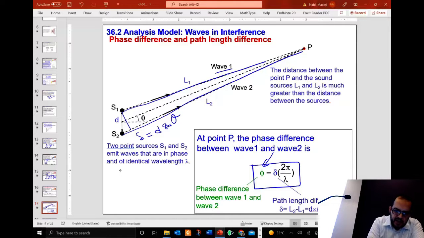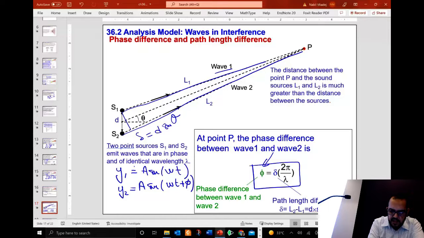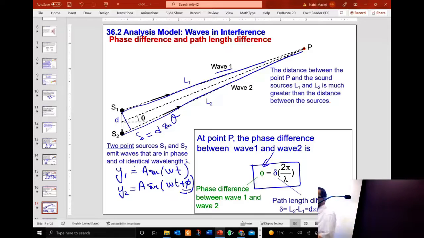So let's assume one wave, wave 1, is A sine omega t. Wave 2 is A sine omega t plus a phase difference phi. This is what we are referring to, the phase difference.